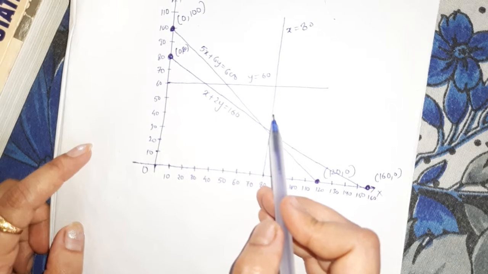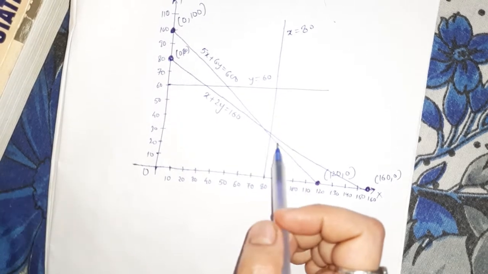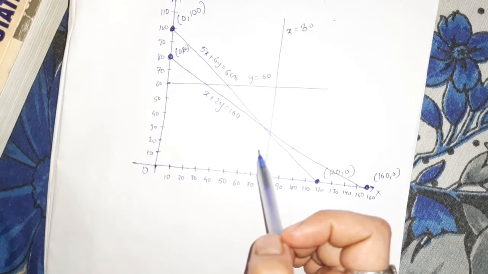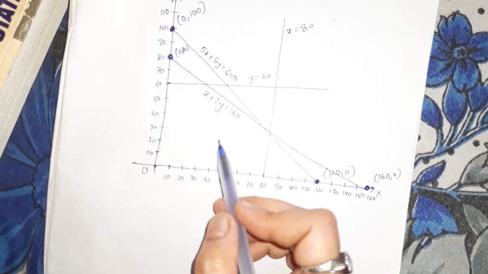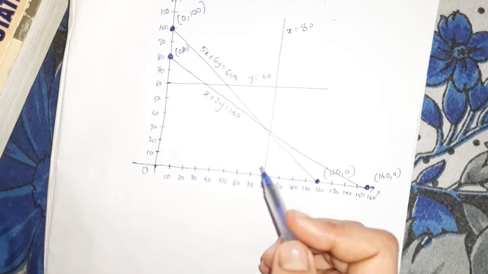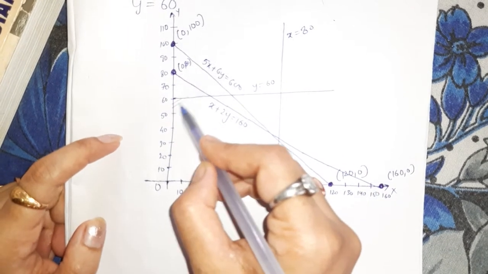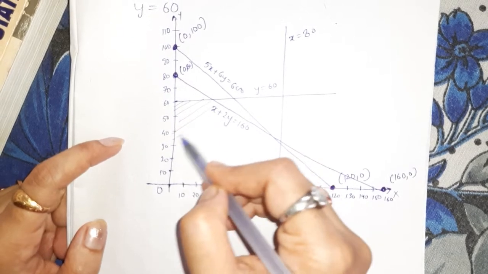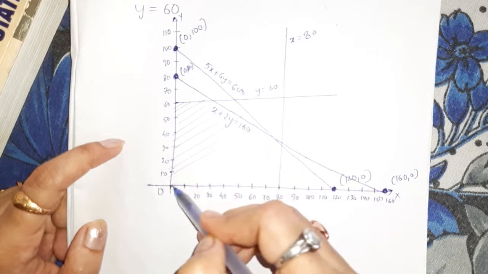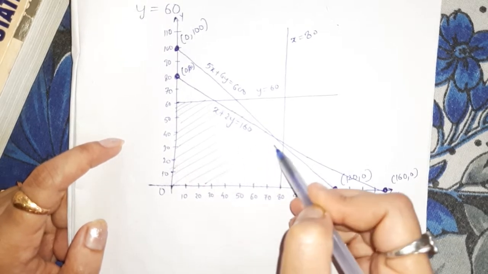This is x less than or equal to 80 and y less than or equal to 60 in downward direction. So the feasible region comes out to be this one. This is our feasible region, right?